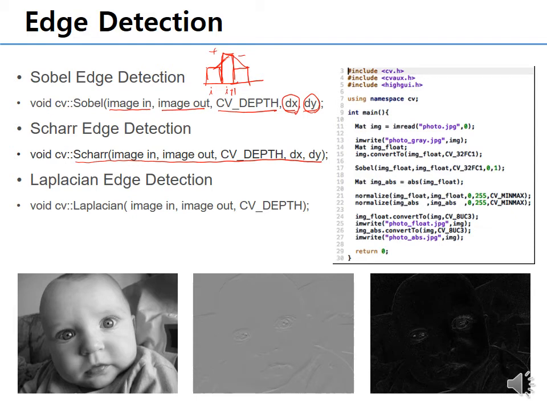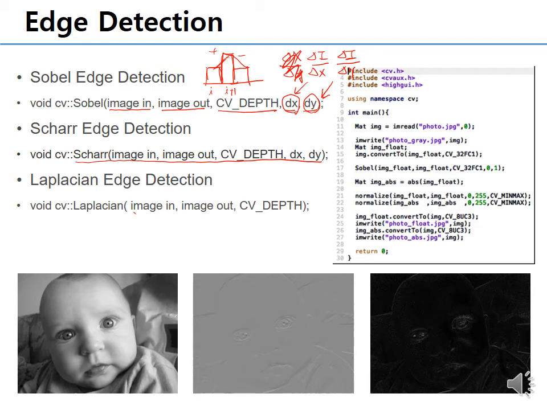Laplacian edge detector is a second derivative of the intensity. So actually it is delta intensity over delta x, and this is the x direction Sobel edge detector, and delta I over delta y is the y direction edge detector.